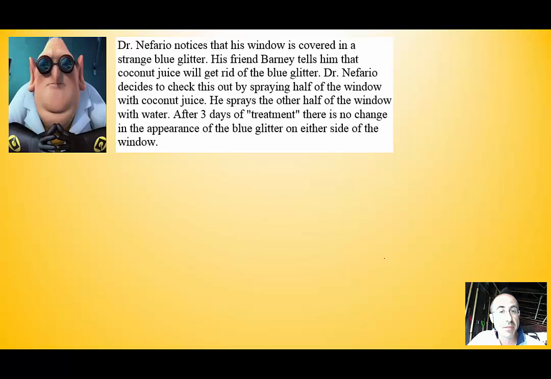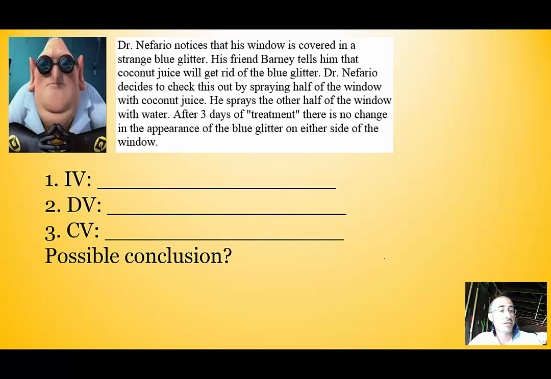After 3 days of treatment, there is no change in the appearance of the blue glitter on either side of the window. So what I want you guys to do, pause this, go off and find independent, dependent, and control variables, and then I want you to decide what a possible conclusion could be based on this information. Okay, see you in a minute.